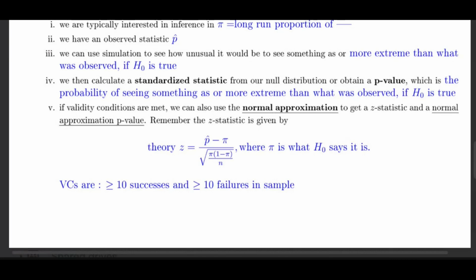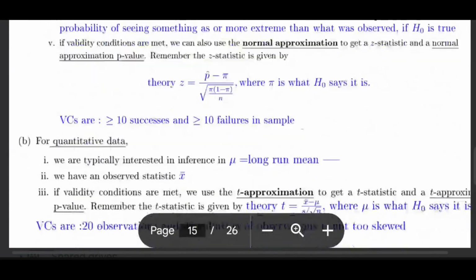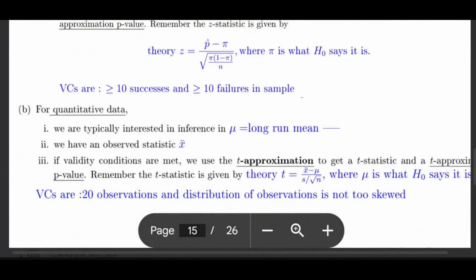All right. Okay, good. Now we come to, well, what happens if you have quantitative data? When you have quantitative data, you tend to be interested in a mean. And notice, first of all, the symbol is different. Unknown mean, Greek letter mu. Long run mean dash. Why is there a dash? Because I don't know what scenario you're talking about.